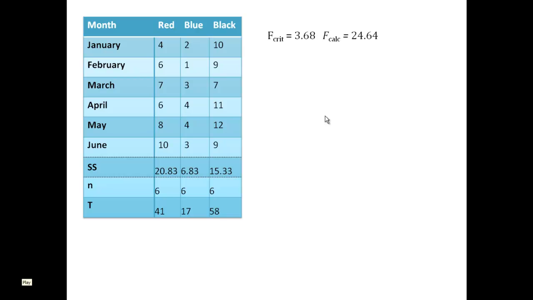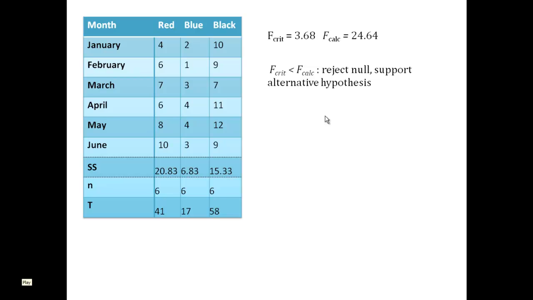And if you remember from before, our calculated value of F is 24.64, which means that our calculated value of F is in that gray shaded region. So our F critical value is smaller than our F calculated value. 3.68 is smaller than 24.64, which means we can reject the null, and it means that we have supported our alternative hypothesis.